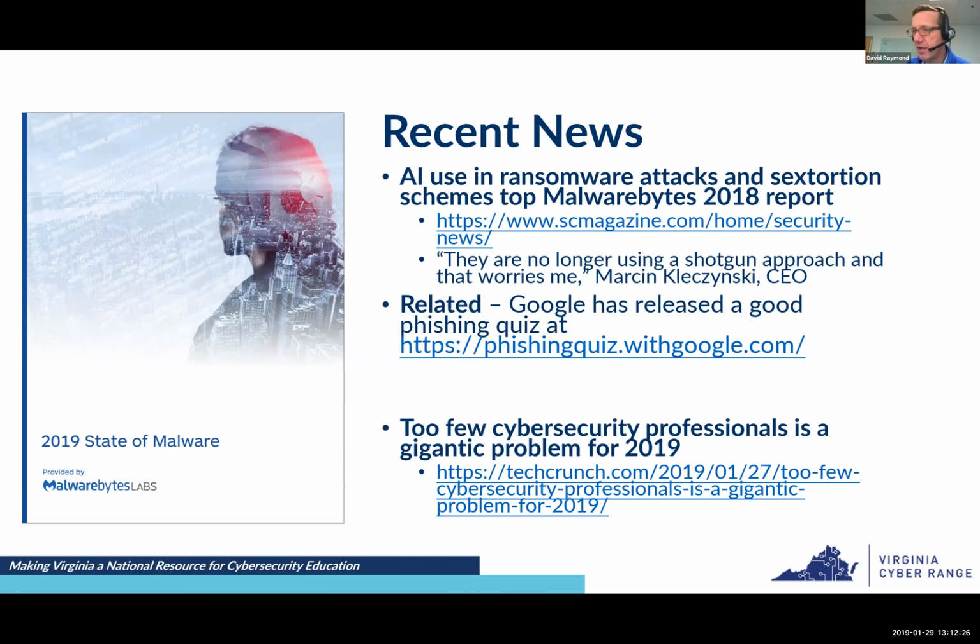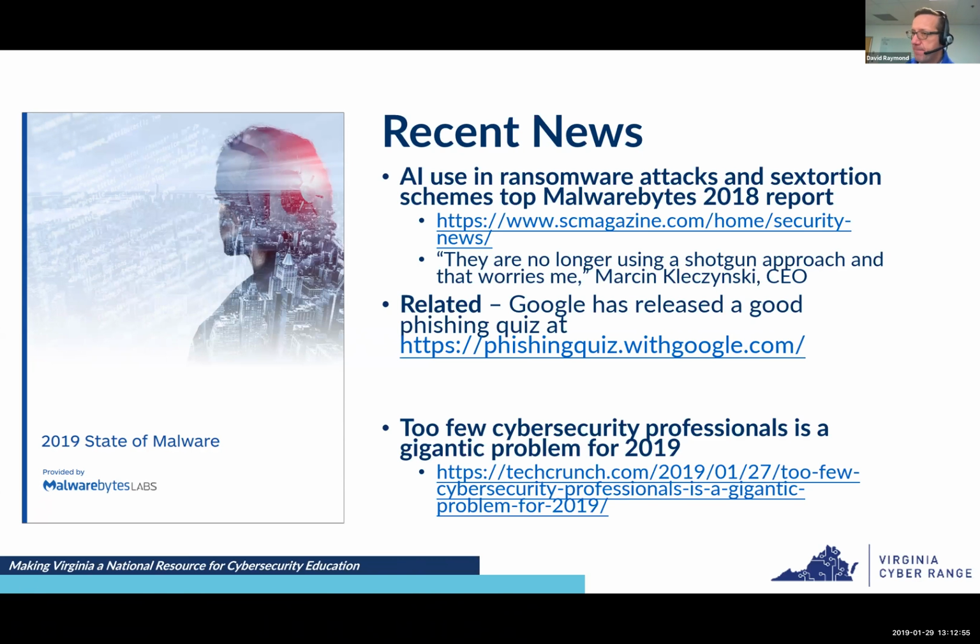So their report talks a lot about different kinds of malware, but they mention in the annual report, and that's what this news story gets to, that the malware is getting more targeted. And so the quote here is from Marcin Klazinski, I guess is how you pronounce his name. Malwarebytes is a Russian company, so I assume Marcin is Russian or at least Eastern European. But what he says is that they're no longer using a shotgun approach, and that worries me.